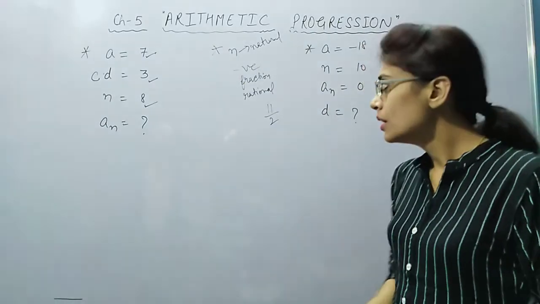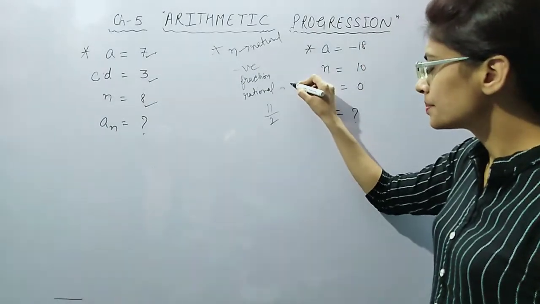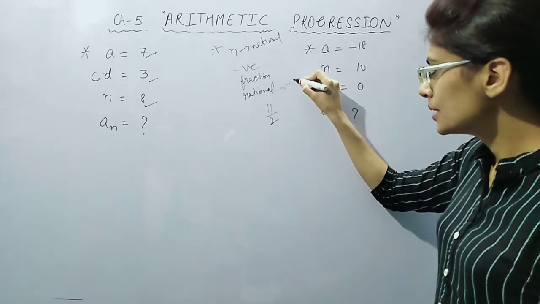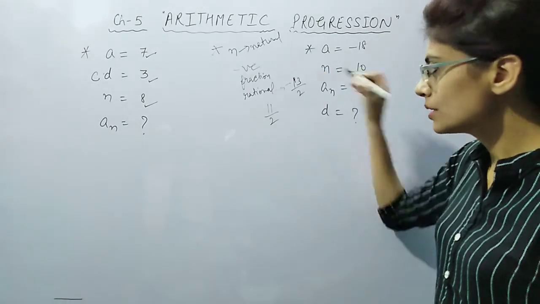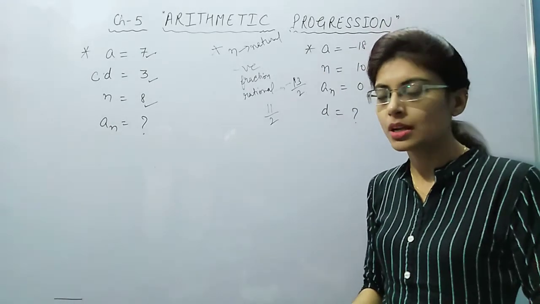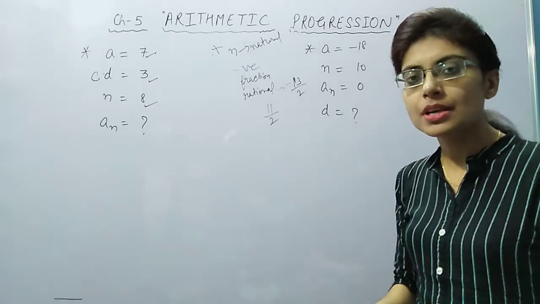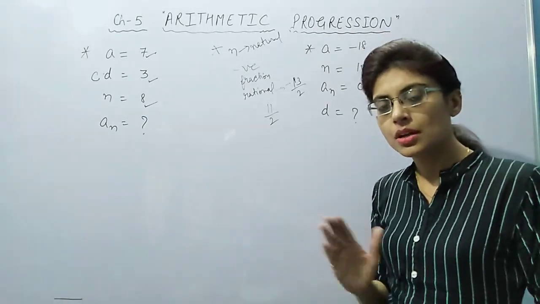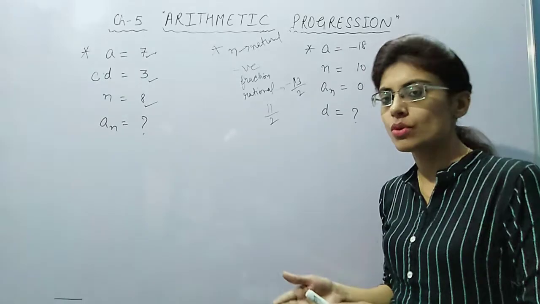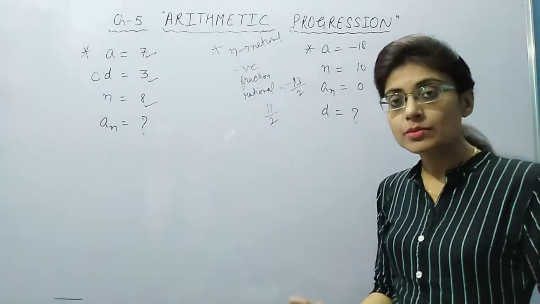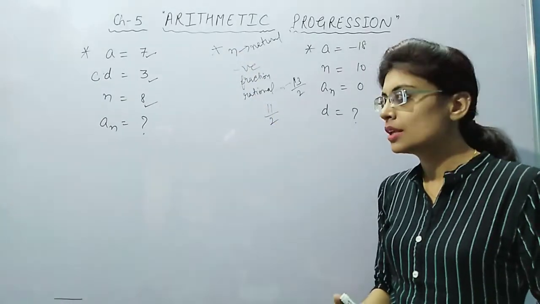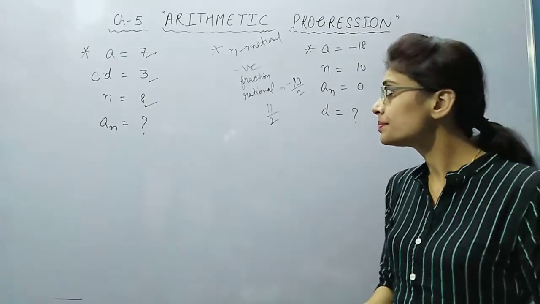Not possible. Similarly, we will never say minus 13 over 2. It is not possible. But the answer will always be in natural numbers: 1, 2, 3, 4, 5 and so on. So n stands for number of terms, that is a natural number.